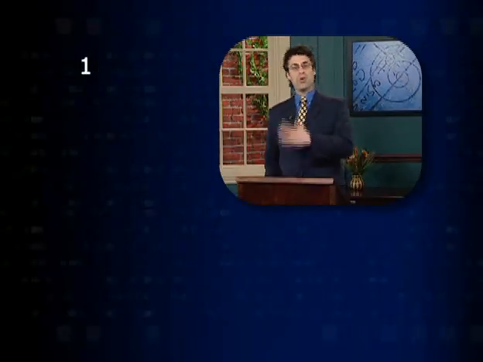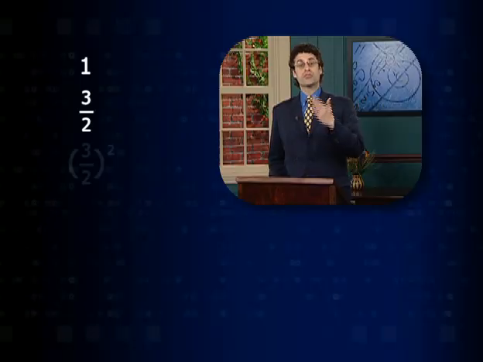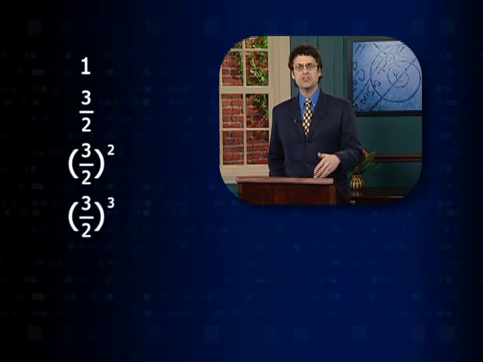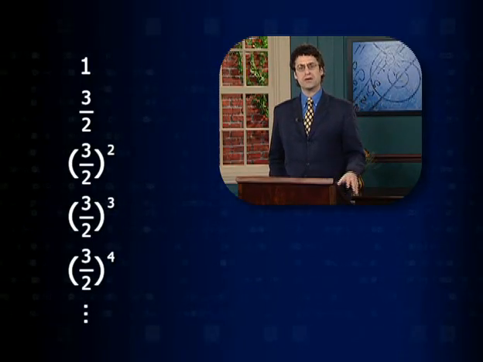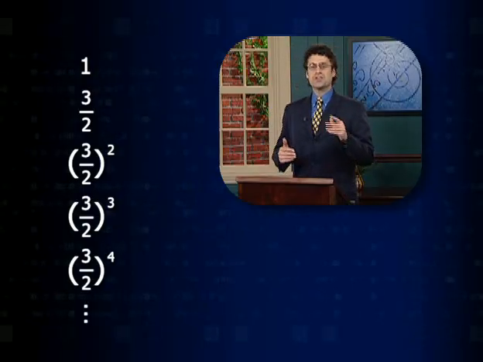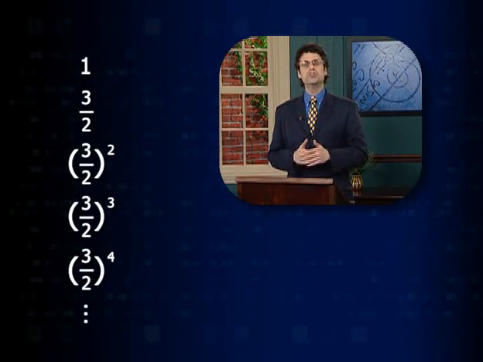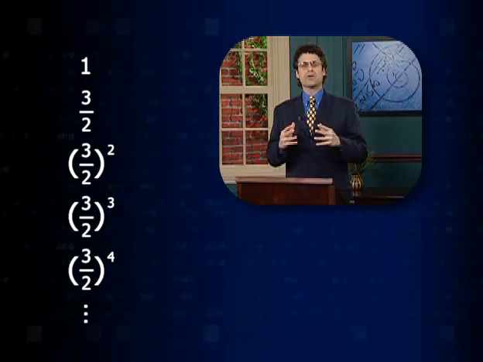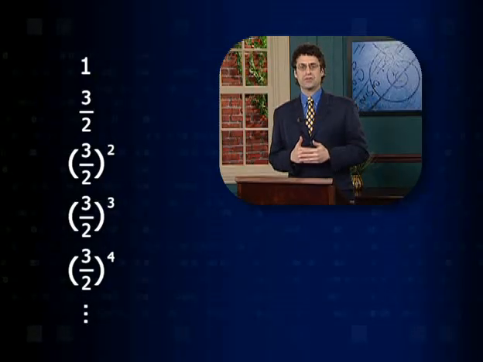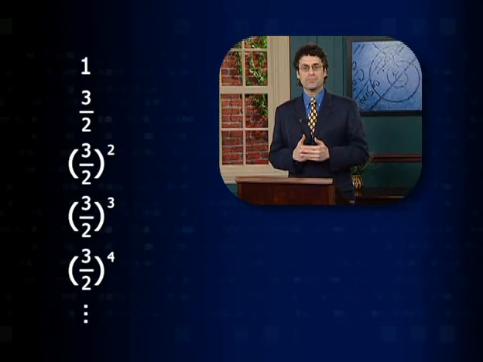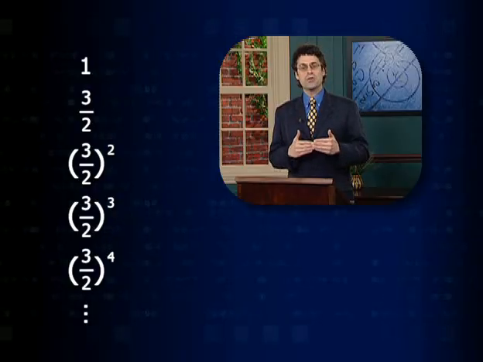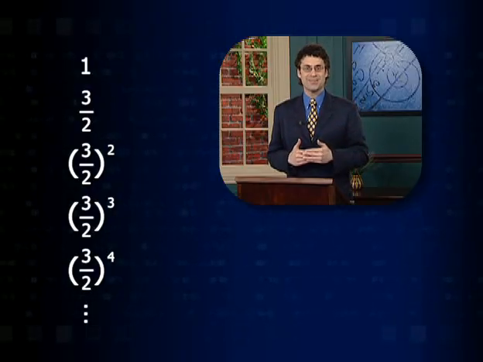Well, once we factor out the 440, the terms in our geometric progression have the form 1, 3 halves, 3 halves squared, 3 halves cubed, 3 halves to the fourth, and so on. However, remember that we also repeatedly divide by 2 as necessary. In other words, we divide by powers of 2 to attain our goal, to return to the same note but 1 octave higher.